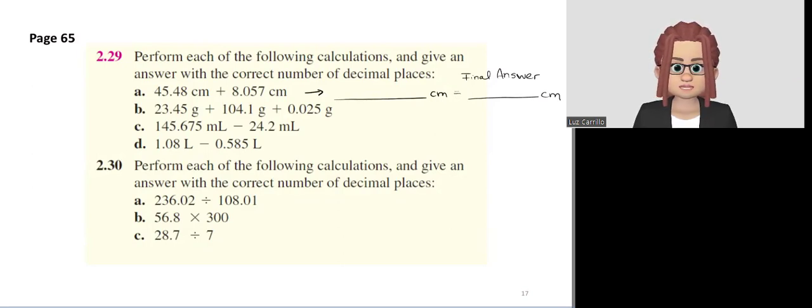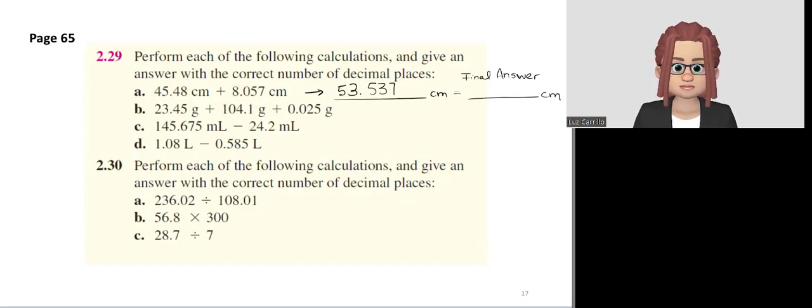When we take our calculator and we type in 45.48 and 8.057, the calculator display gives us 53.537 centimeters.